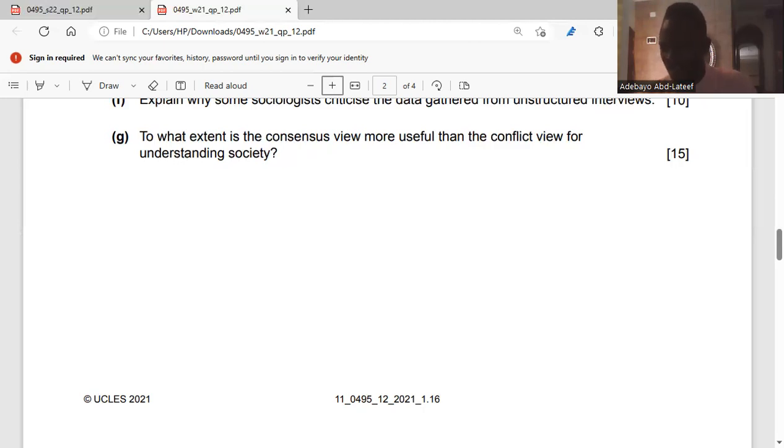They argue that society must reach consensus. If society doesn't reach consensus, there will be chaos, like riots. Why do people go into riots? Why are they fighting? Because they are unable to reach agreement. So for functionalists, if society is to function, people have to reach consensus. They have to compromise. That's the second point there.